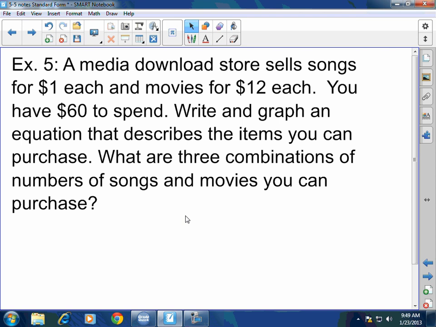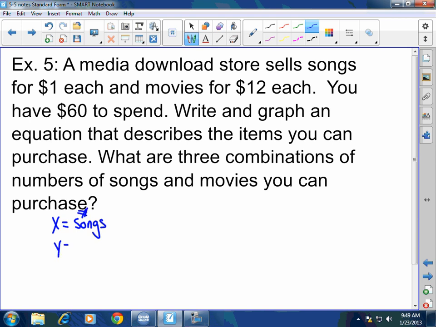We have 2 different variables here, guys. We've got songs that sell for $1 and movies that sell for $12. So, like always, I define my variables. I'm going to assign x to the number of songs that are sold, and y to the number of movies.